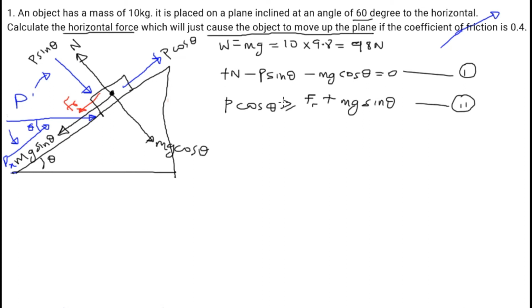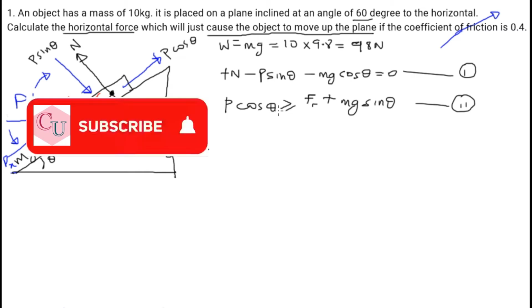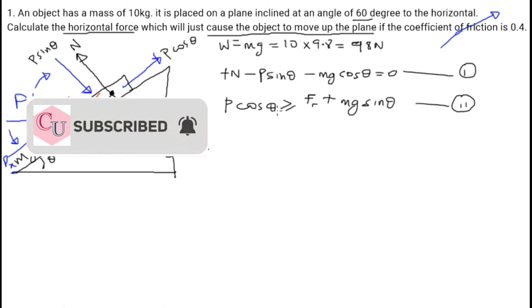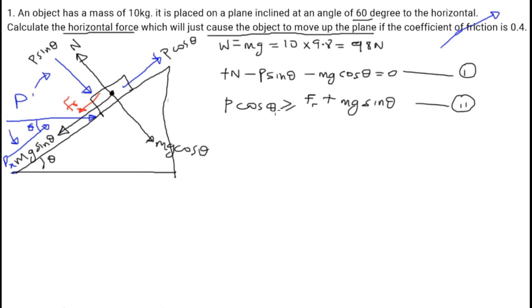For the object to move upward, this inequality must hold. At the point of equality is the minimum value of P which will be able to take the object upward. More force will still take the object upward, but at the point where it is equal, the object is ready to move up.